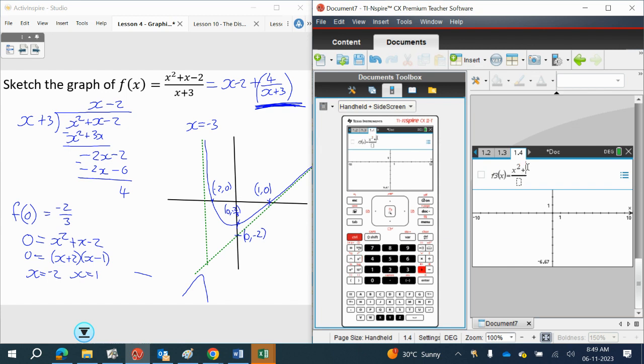So I have a question. Yes. How do I know the side is right? Like how do I know it's here or not here? When you find these values, if you find a couple of the values, like the y and x intercepts, then you know which side it has to be. Otherwise, just put in one number. So let's say you're trying to find where it is over here.